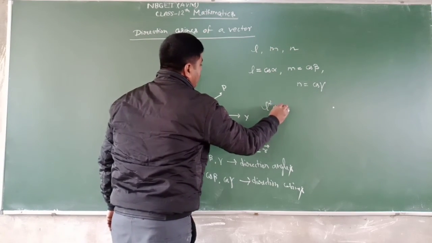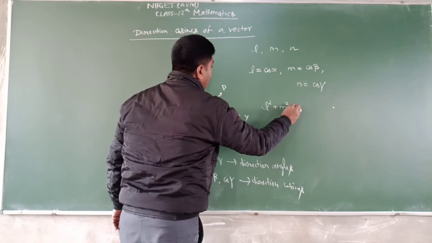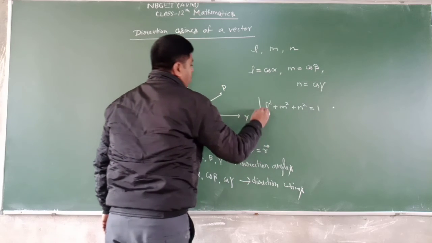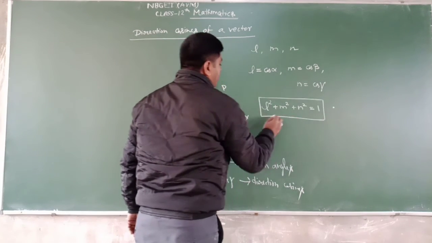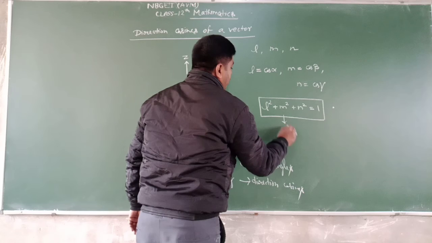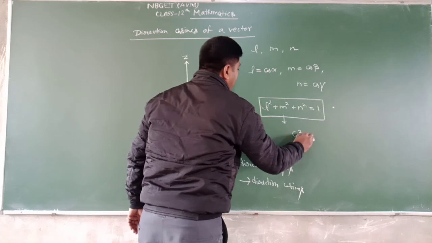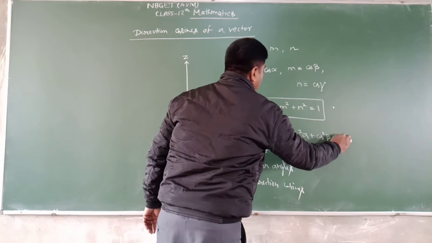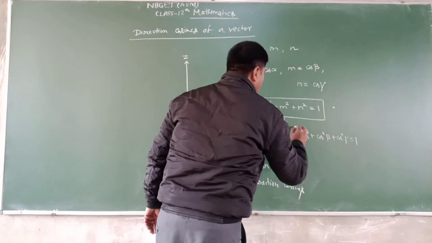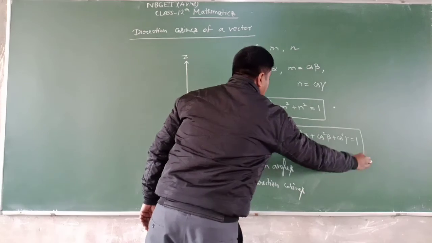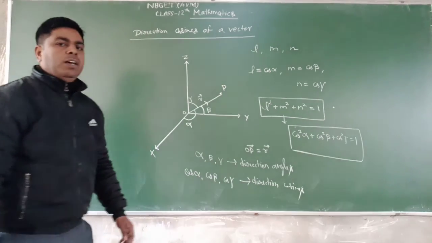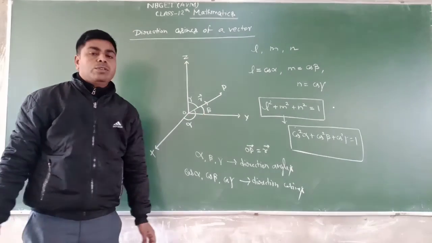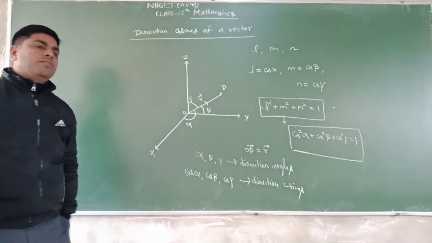And you have to remember one thing, that L square plus M square plus N square is always equal to 1. Simply we can also write cos square alpha plus cos square beta plus cos square gamma is equal to 1. These are the direction cosines of a position vector.